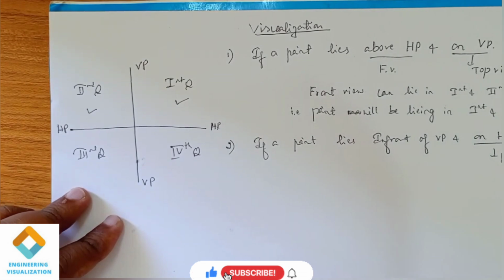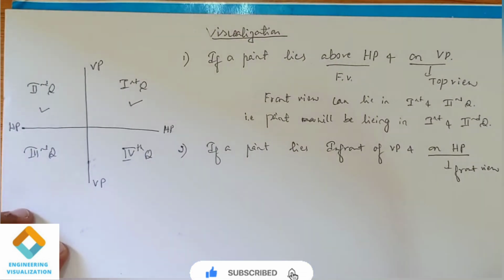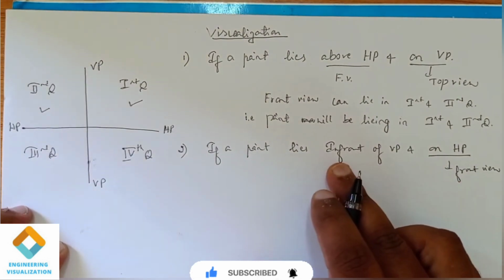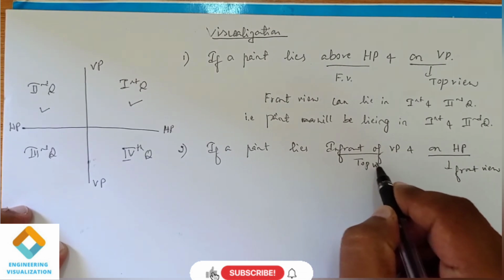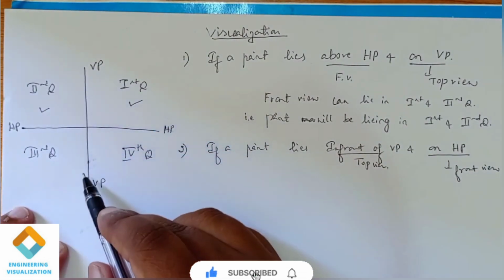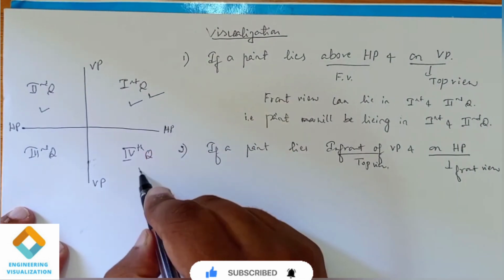So we have to see further: in front of VP means it is top view, so where will the top view be lying? In front of VP, this is our vertical plane. In front of VP means there are two chances.